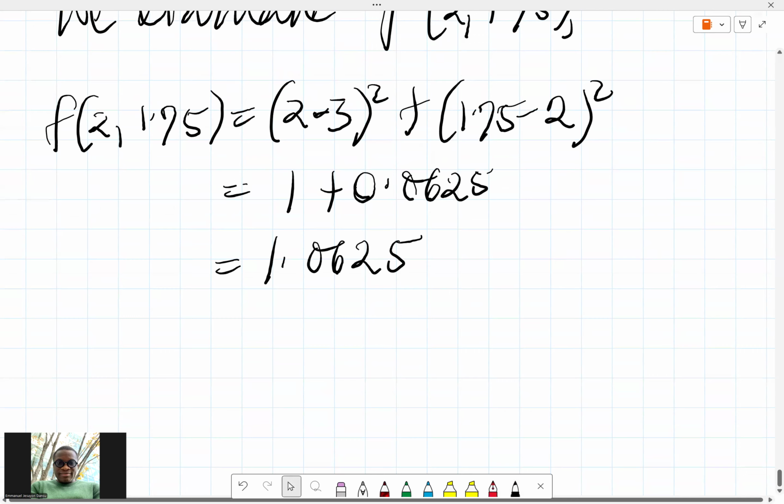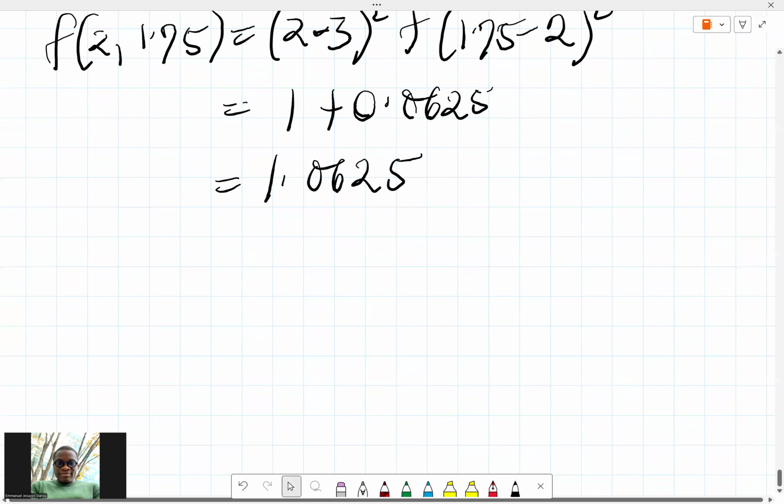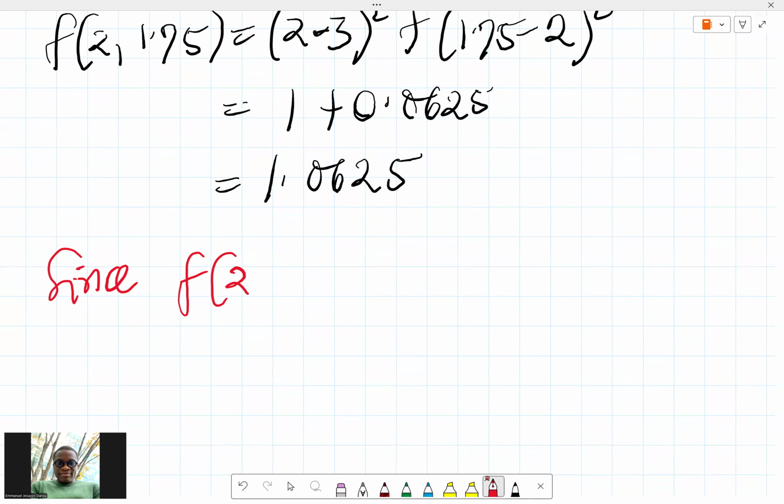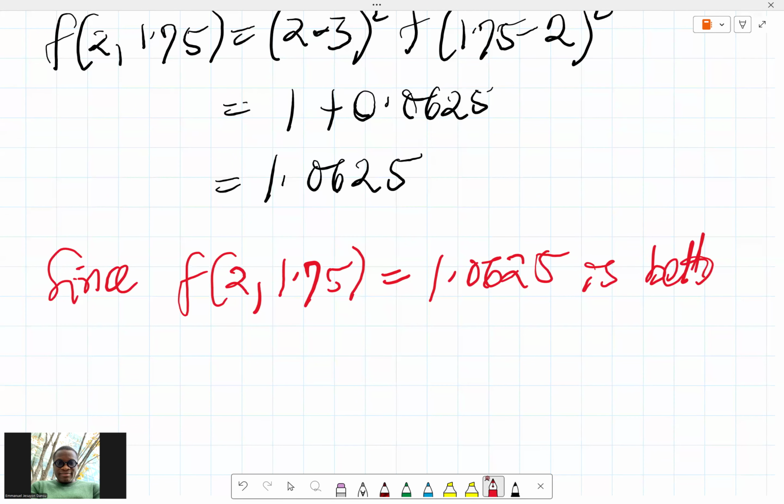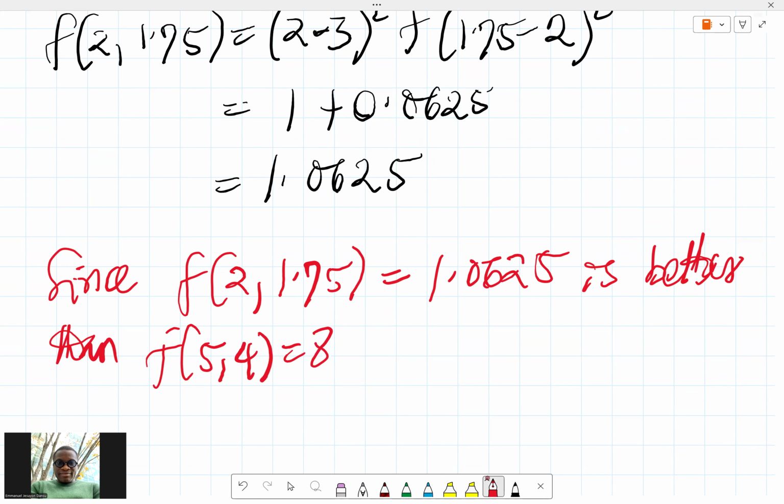So now this value is better than the best we've had so far. We have to make a statement that since f of (2, 1.75), which is 1.0625, is better than f of (5, 4), which is equal to 8, then we accept the contraction.